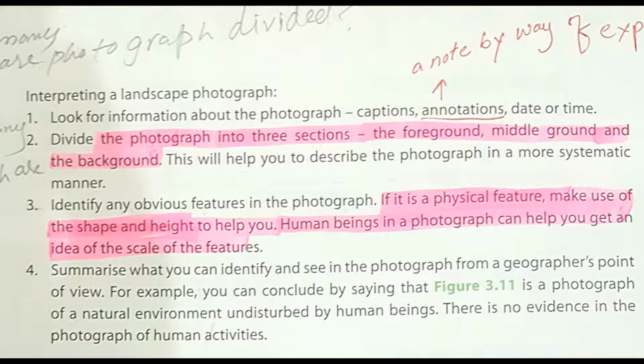Summarize what you can identify and see in the photograph from a geographer's point of view. For example, you can conclude by saying that figure 3.11 is a photograph of a natural environment undisturbed by human beings. There is no evidence in the photograph of human activities.